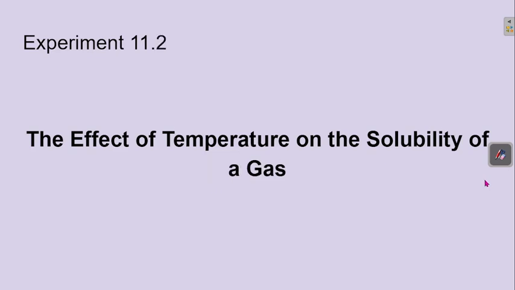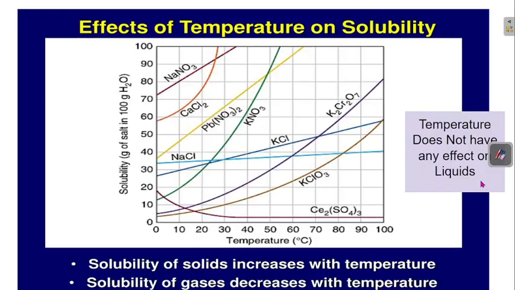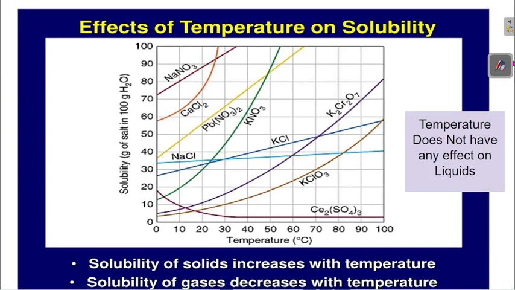You're going to do experiment 11.2, so the effect of temperature on the solubility of a gas. We'll talk about that here, so you kind of see what's going on, but also when you're doing the experiment, reason through what you have learned to explain why things are happening the way they are happening. Okay, let me see if I can move this so it's not covering that.